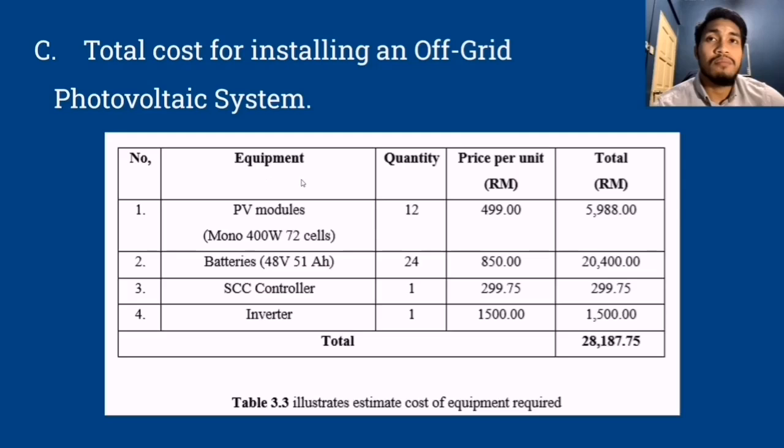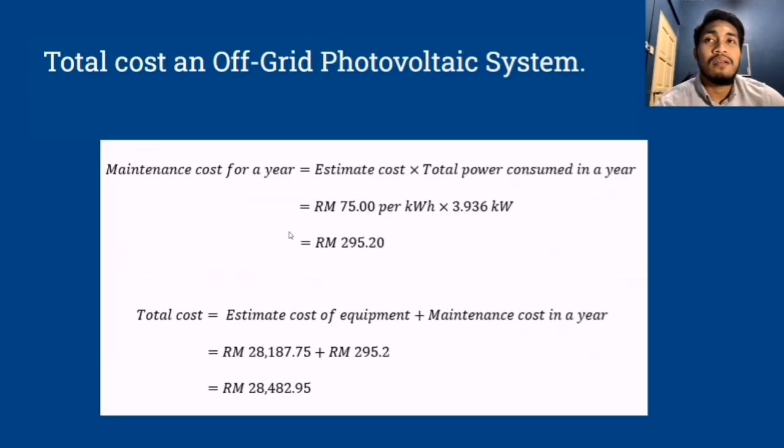There is equipment for the PV module, battery, charge controller, inverter, with the quantity and also the price per unit, and we obtain the total cost of 28,187.75. The maintenance cost for a year is 295.20.